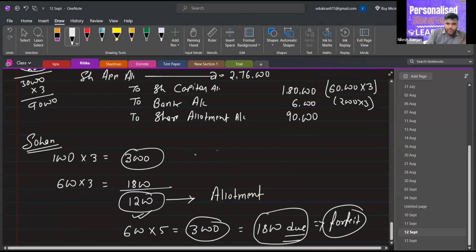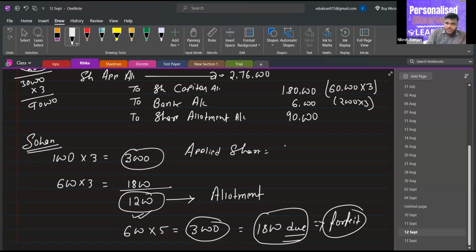So it is the applied share we have calculated in this case, 600 into 5 by 3, that is 1,000 shares, and we have received 1,000 into 3 because 3 is an application money, so 3,000 we have received, but we can only utilize 600 into 3 because we have allotted only 600 share to Sohan. So we will utilize 1,800 of Sohan amount, and this 1,200 that is extra with us from Sohan, it will be used in allotment.